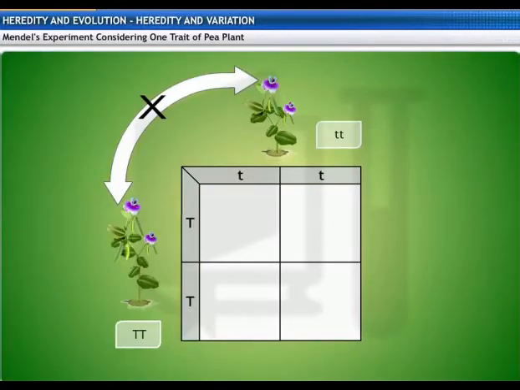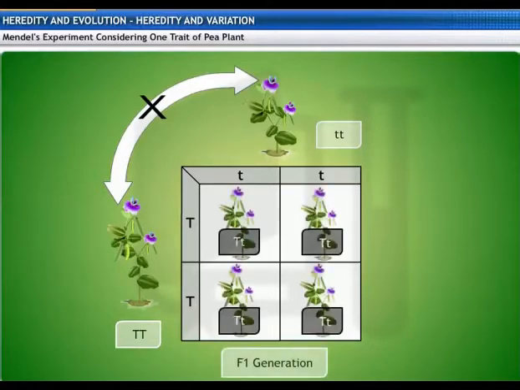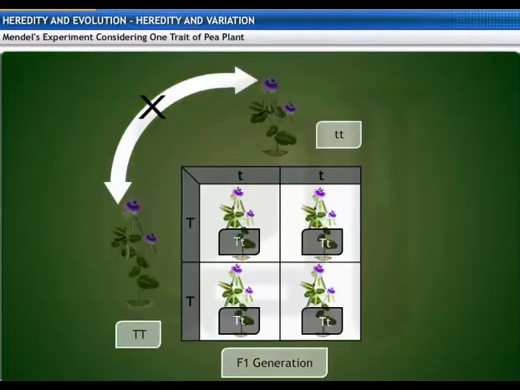The gametes produced by them are T and t, and the F1 generation has all Tt progeny. In first generation or F1 progeny, all of the plants were tall.